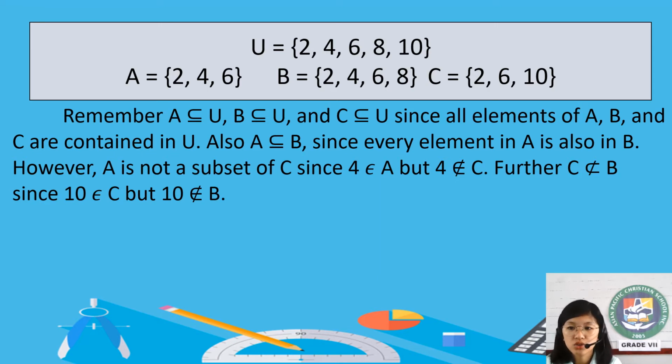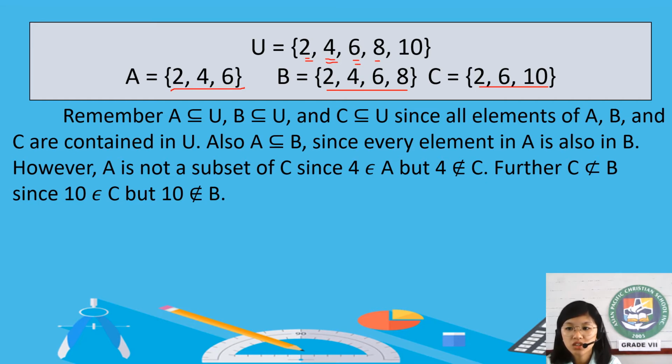So, paano yon? So, lahat ng makikita nyo, halimbawa, dito sa set A, 2, 4, 6, makikita mo rin siya dun sa set U or dun sa universal set. We have 2, 4, and 6. And yung set B, we have 2, 4, 6, and 8. So, makikita mo rin ulit dun sa elements ng set U. And dun sa elements ng set C, we have 2, 6, and 10.